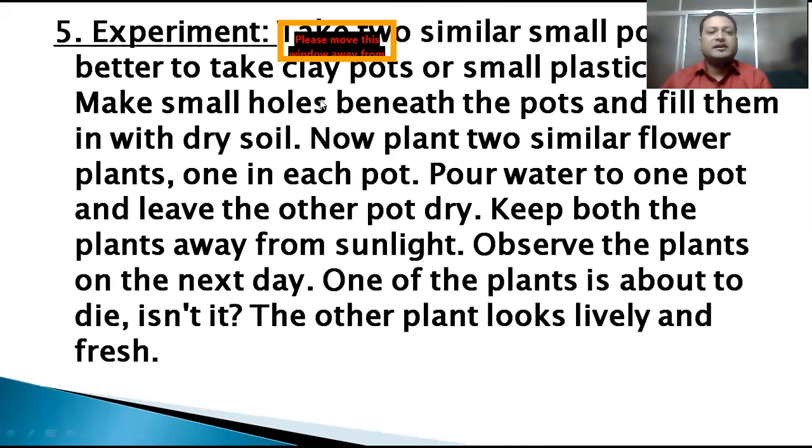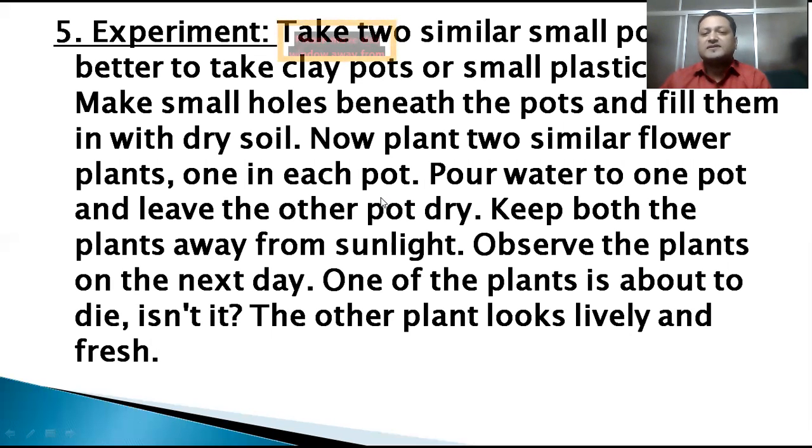Okay, then experiment. So what will we do? The experiment. First of all, we take similar pots. It is better to take clay pots or small plastic tubs. Make small holes beneath the pots and fill with dry soil.